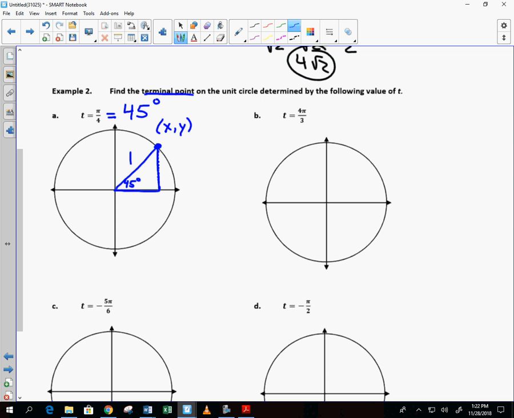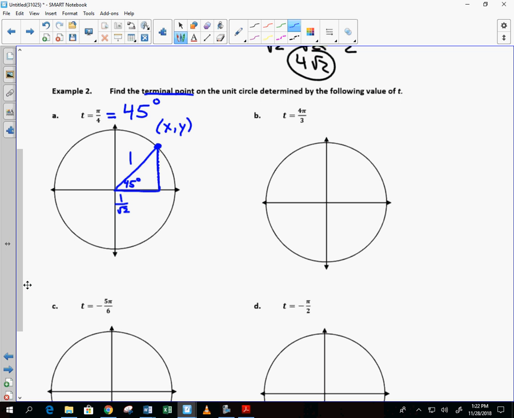Now, I have to figure out how to go from this length to this side. In order to go from this side to the hypotenuse, I multiplied by the square root of 2. So to go from here to here, I divide by the square root of 2. So this side is 1 divided by the square root of 2.